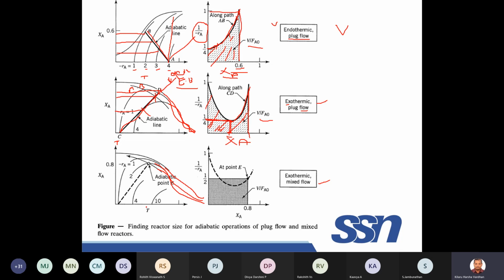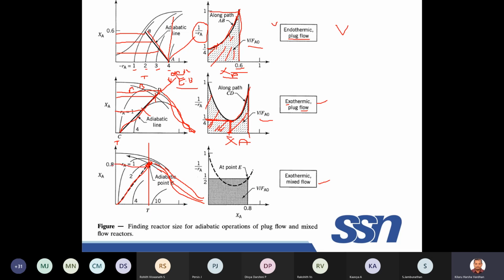Now, at a particular temperature, you know what the temperature is. At that temperature, you put a line like this, and then see where it is bisecting. This is the point where this line is bisecting with this particular thing. So that point you take, that is the conversion.